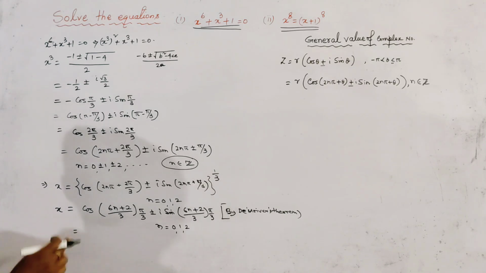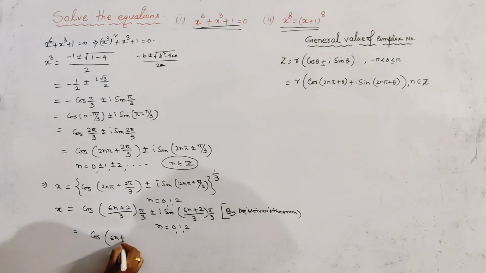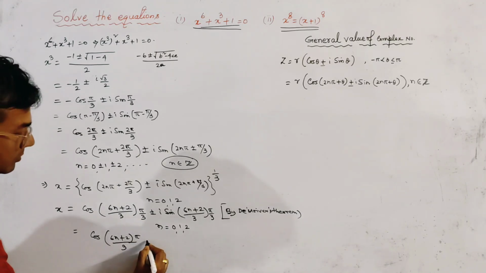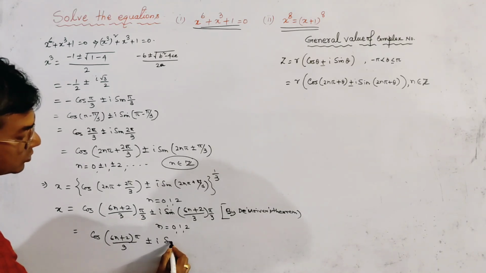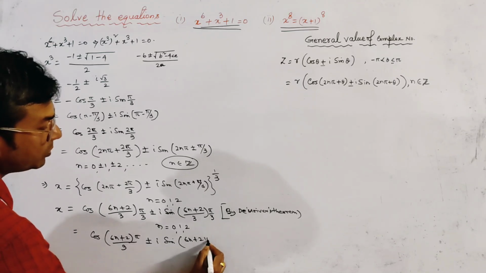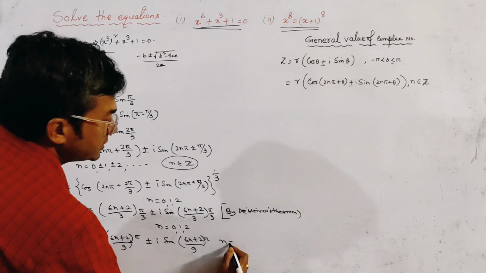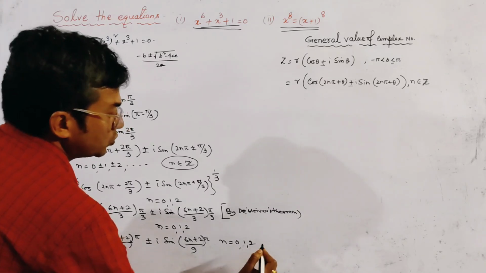And now calculating the solution in one line, this is cos of ((6n plus 2) into pi by 9) plus minus i into sin of ((6n plus 2) into pi by 9). Here pi is divided by 9, and n is equal to 0, 1, 2.